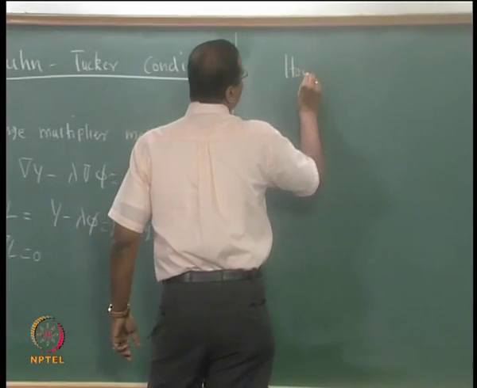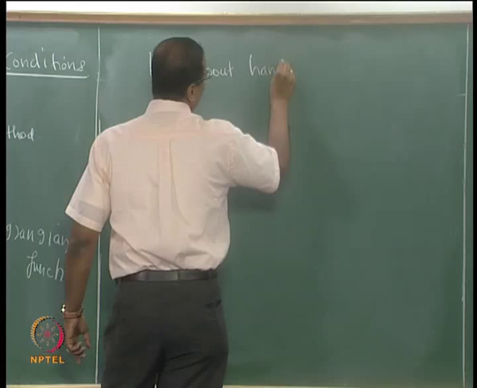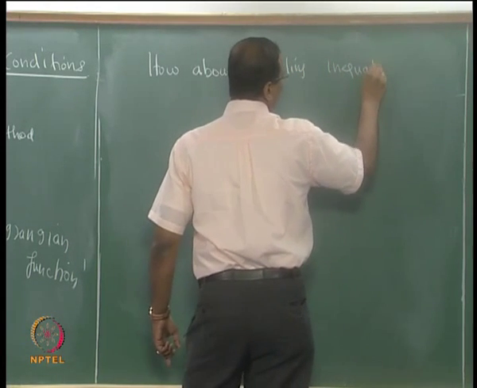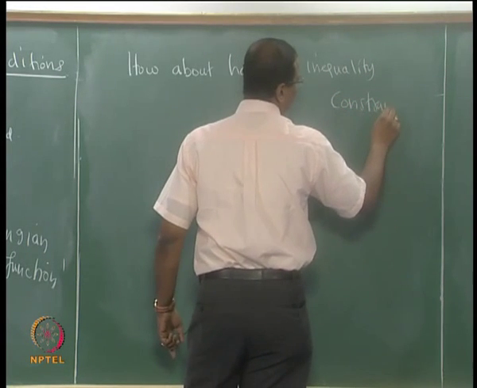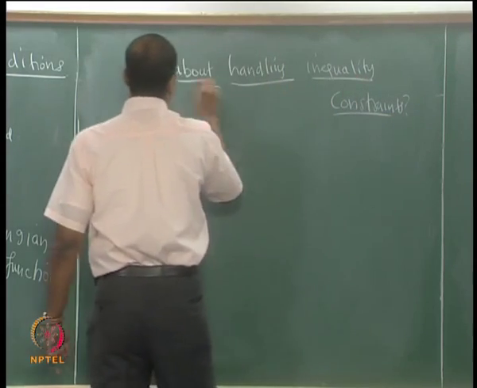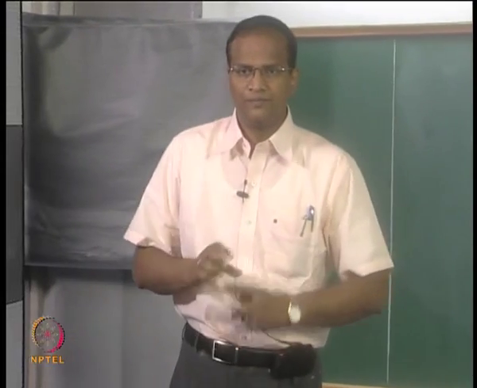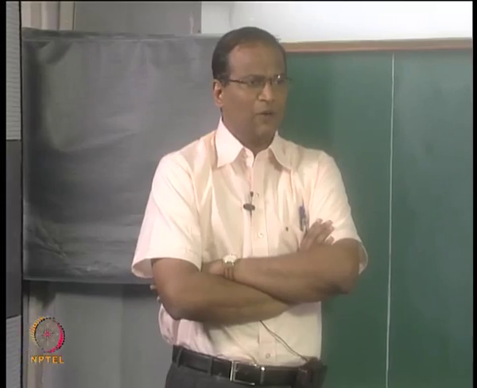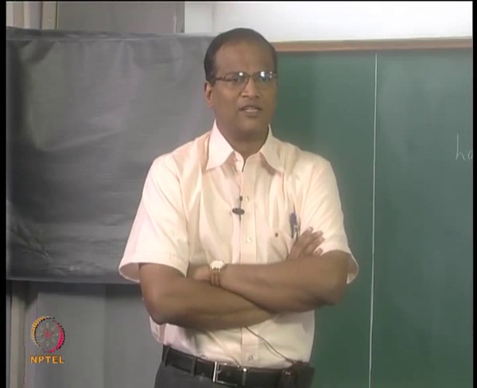Now how about handling inequality constraints? The simplest approach would be to ignore the inequality constraint and solve the problem with equality constraints, and for the resulting solution you find out whether it violates the inequality constraint or not.